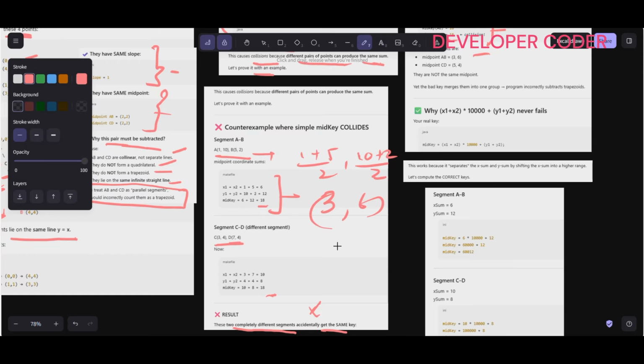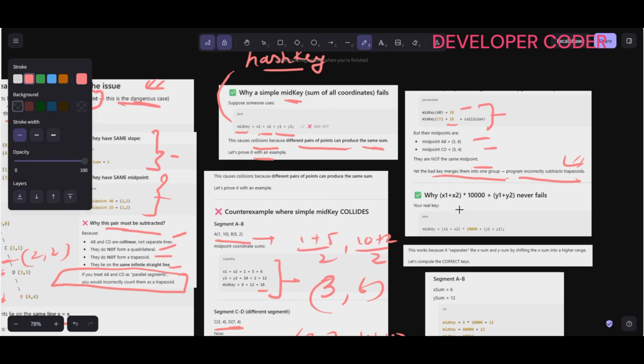Same way here, if you calculate the midpoint, 3 plus 7 divided by 2 and 4 plus 4 divided by 2, that is nothing but 5 comma 4. They are not the same midpoint, yet the hash key merges them into one group. So the program incorrectly subtracts trapezoids. I'm going to handle this. I'm taking x1 plus x2 and multiplying it by 10,000 so that I will see some difference in the hash key that I'm going to generate.